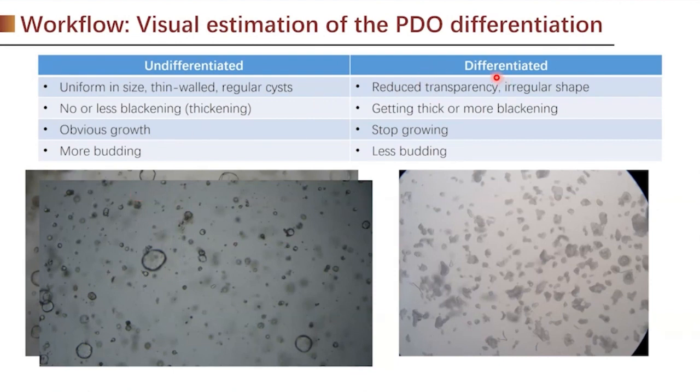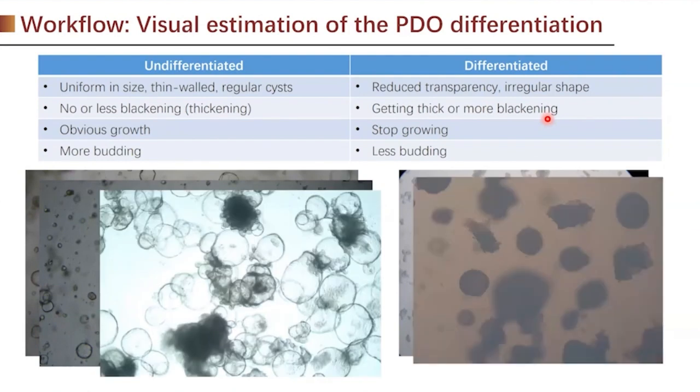Differentiated organoids always present reduced transparency and irregular shape. They will get thick or more blackened, stop growing and have less budding, especially for gut organoids.